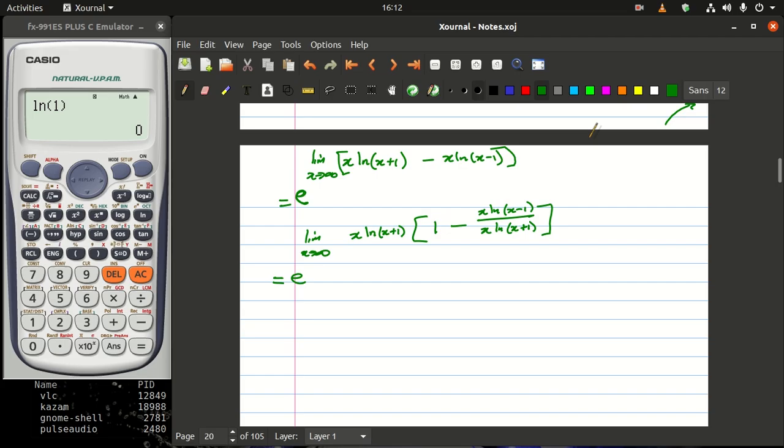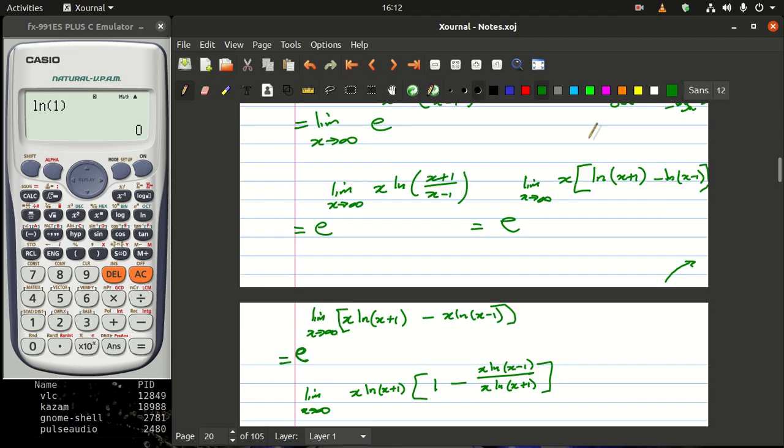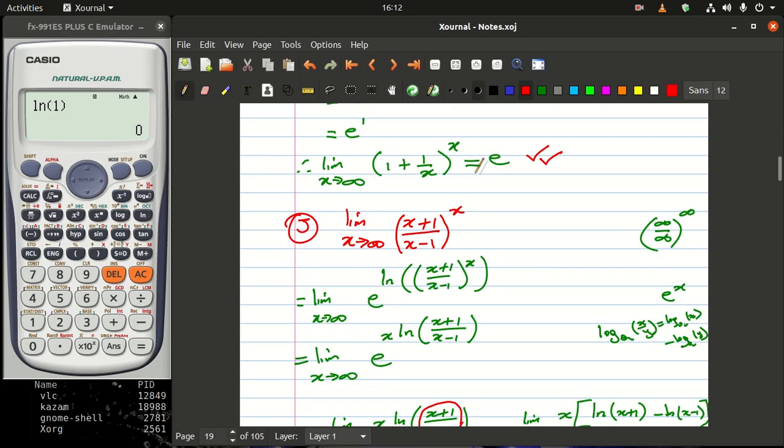Why are we getting stuck? It is because this is what we should have done in the first place. We should have dealt with that in the first place, and we could be done with this problem. But we're refusing to do it. Why? I don't know, because we wanted to get stuck.